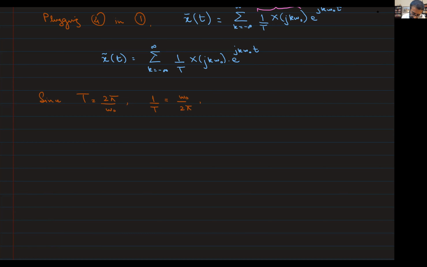And therefore x tilde of t becomes equal to 1 upon 2 pi, summation k equals minus infinity to plus infinity of X of j k omega naught, e raised to the power j k omega naught t, times omega naught. Just some basic manipulation.